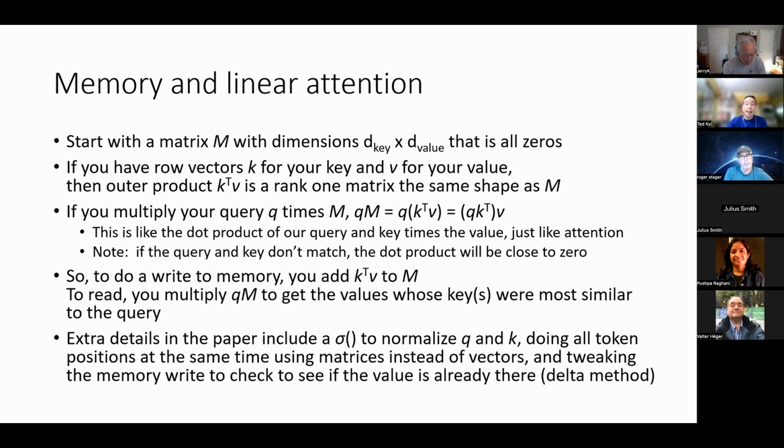So if you get text that has the same word over and over again, it can really distort your memory because you're writing this one word hundreds of times. This guarantees the diversity of what you write into the matrix M, because by the time you've written something a few times, it's going to be like a 0.99 when you try to read it out, which means you're basically not adding it in anymore.